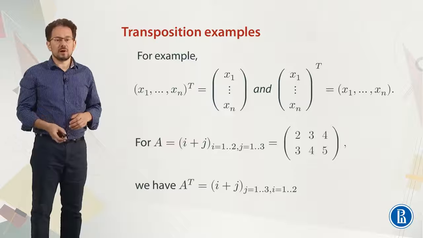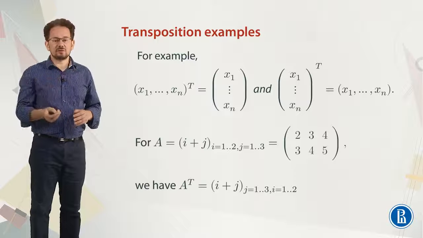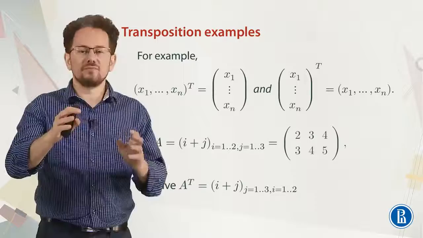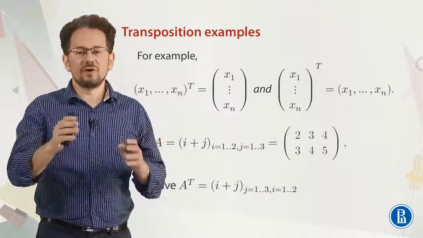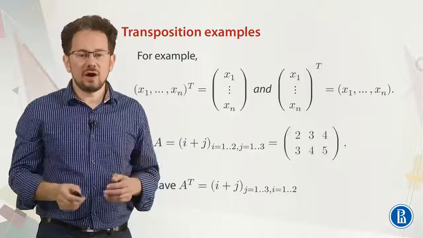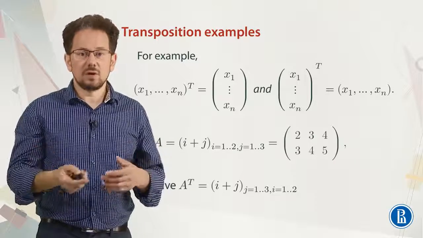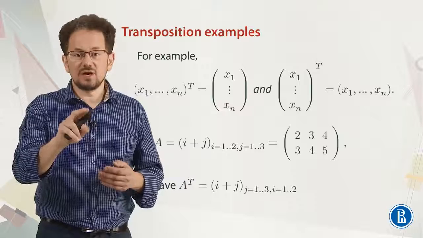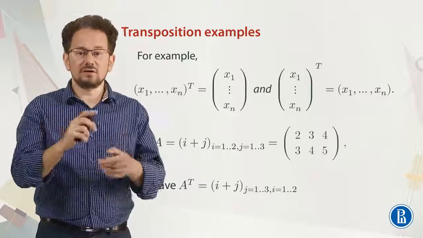Another example. Recall that we have considered the matrix given by this formula. This is a 2 by 3 matrix: 2, 3, 4, 3, 4, 5. Now we have the transpose, which is given by a very similar formula, but j and i are interchanged.